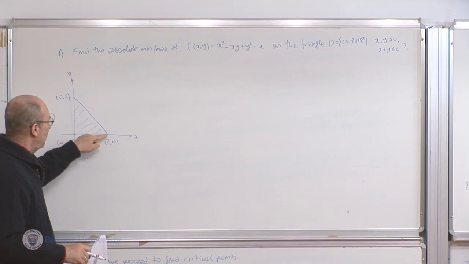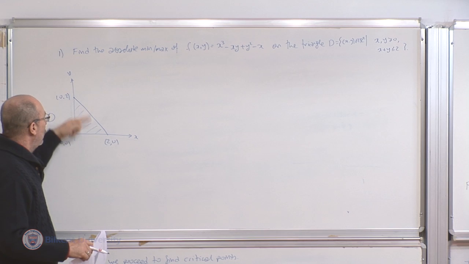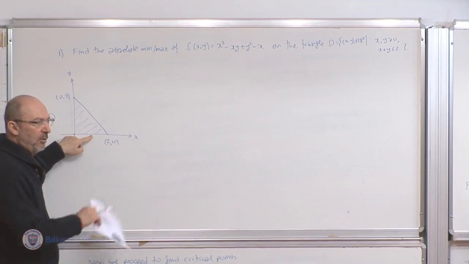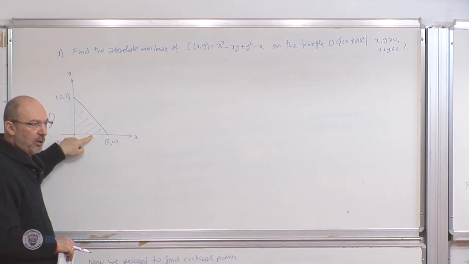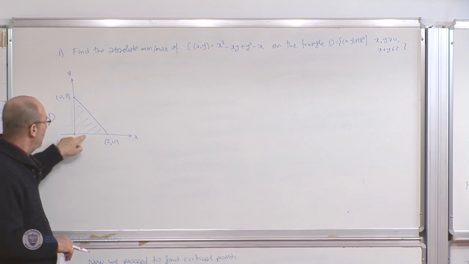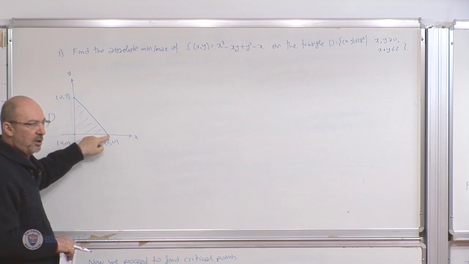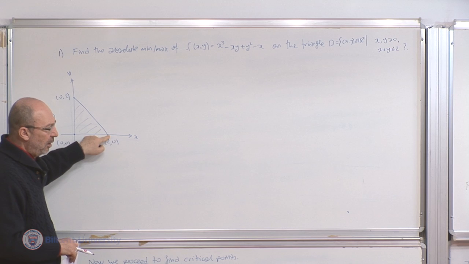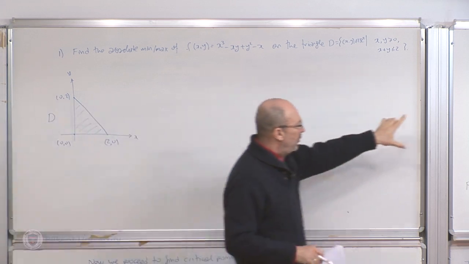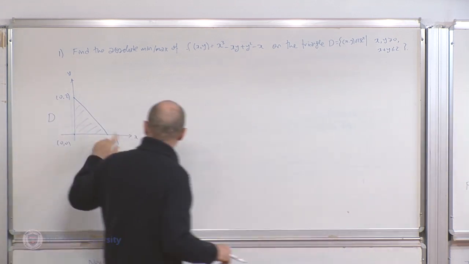We'll parameterize this line, which is easy. You'll restrict the function here. Now it will be a one variable function. You'll take its derivative and see if it vanishes somewhere here. If it does, you'll take that point. And then you'll also take this point and this point because these are endpoints.